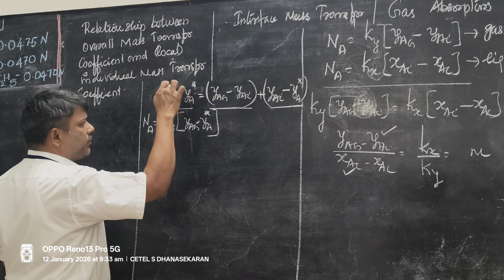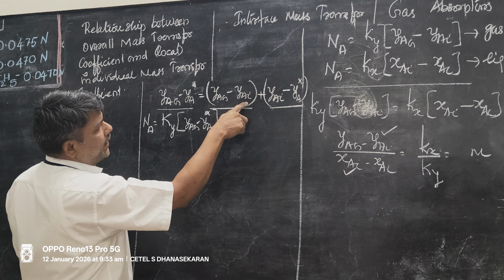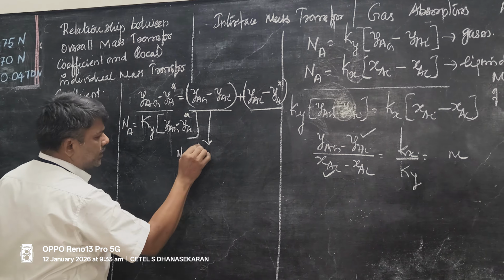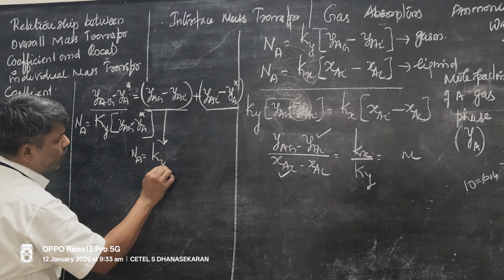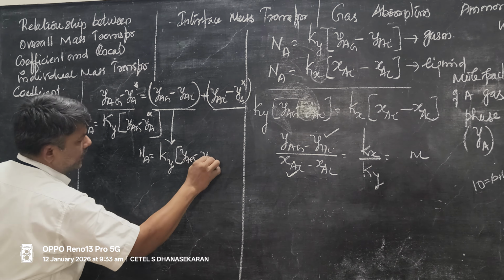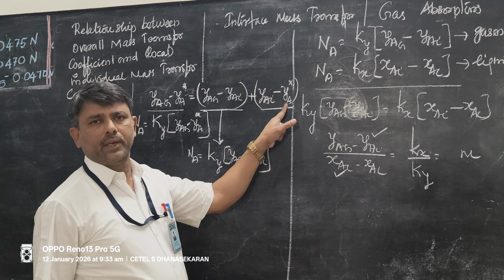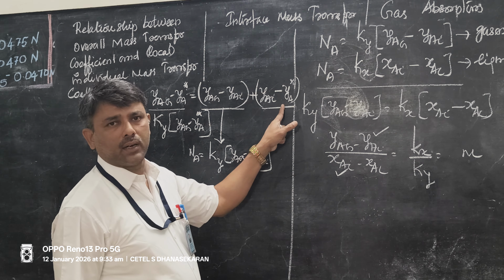Next, for yAG minus yAI, NA is equal to small k suffix y into yAG minus yAI. Then the new term, yAI to yA star.